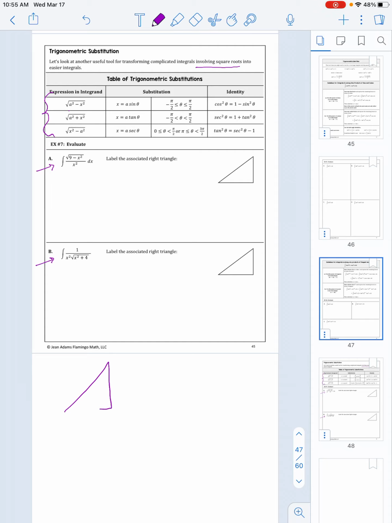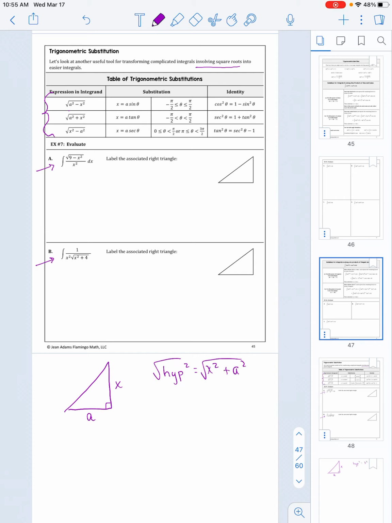If you had a situation on a right triangle where, let's say that this side is x and this side is a, if we were using the Pythagorean theorem and we needed to find our hypotenuse, we know that our hypotenuse squared is our x squared plus our a squared.